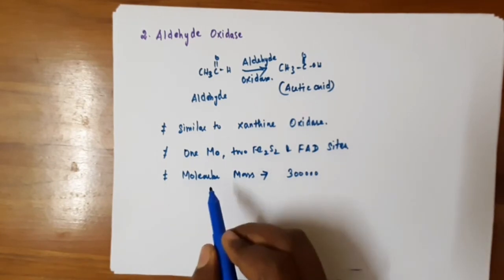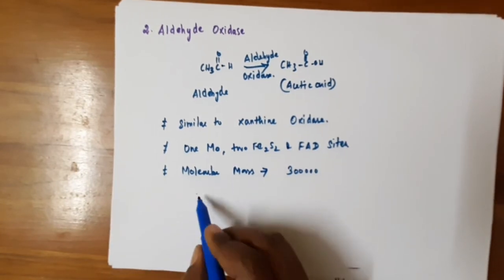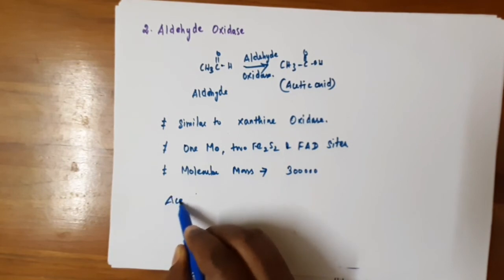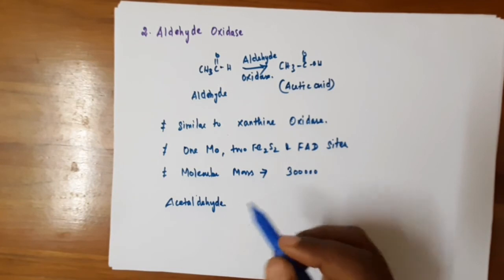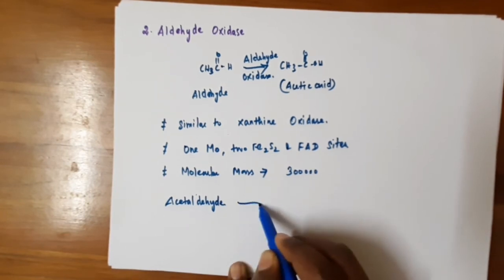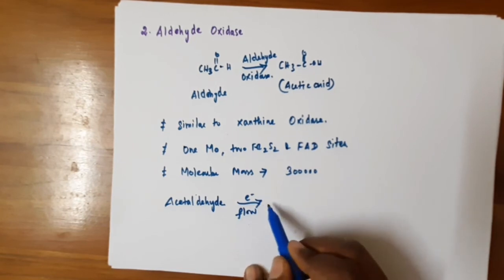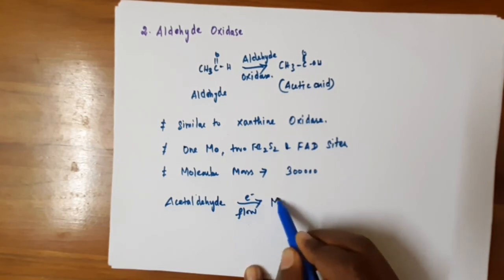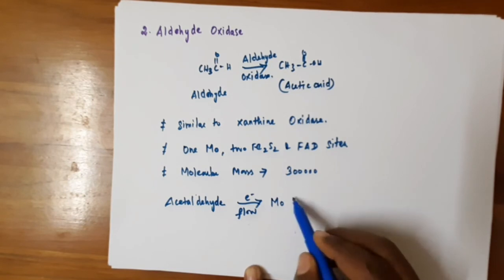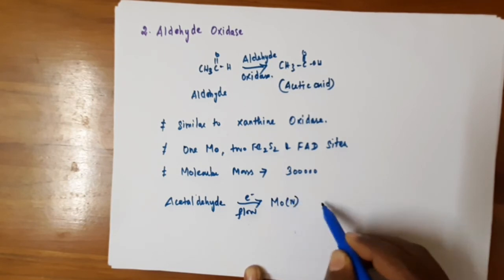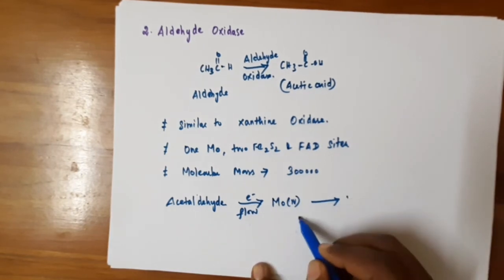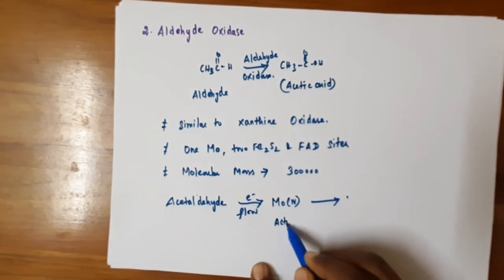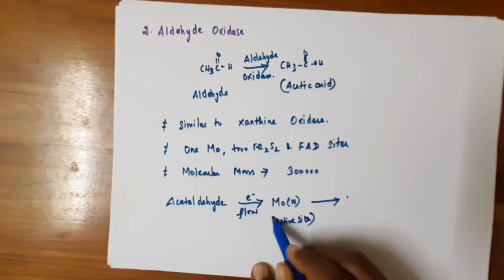So the electron flow will be like this. Similar to xanthine oxidase, with the acetaldehyde, there are electron transfer agents. The electron transfer agents facilitate this reaction. So the electrons from the aldehyde transfer to the active site, that is molybdenum, which is the active site of this enzyme, in the +4 oxidation state.